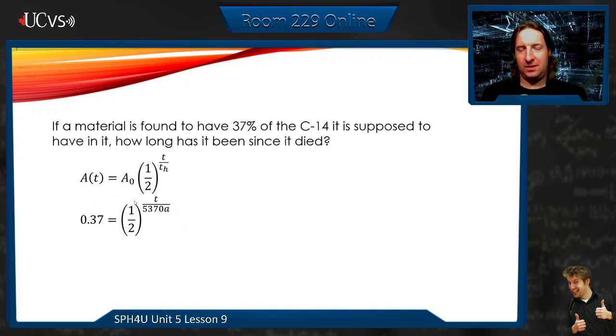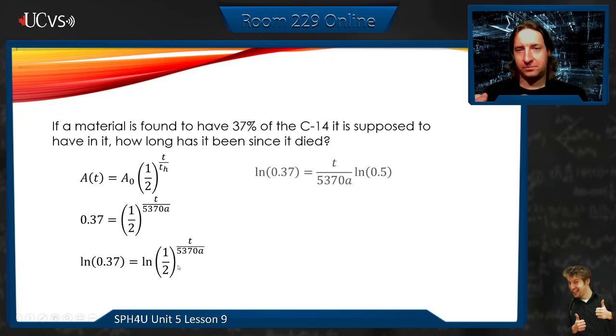Now this can be a little bit tricky, but hopefully you've done logarithms, and you know that if I take the natural log of both sides, I can then take my exponent and bring it to the front. The exponent comes out as a multiplication in front.